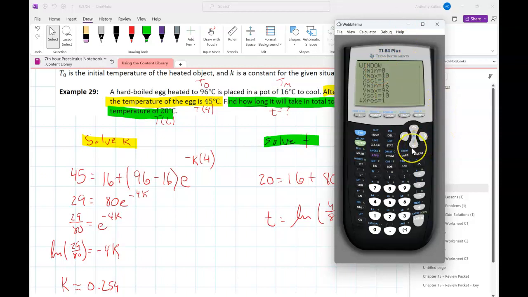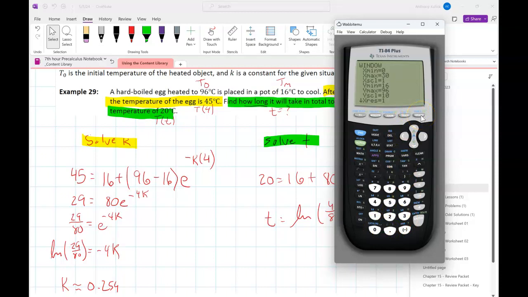X max, well, what number do I know the time it's going to take more than? It's going to be more than 4 minutes, right? Because it only got to 45 degrees after 4 minutes. Everybody agree with that? But I don't really know how much more than 4. I'm just going to say 20, 30 minutes probably is plenty. I'd rather overshoot than undershoot because I want to be able to make sure I see the intersection. But I don't know, 20, 30 minutes is probably enough.